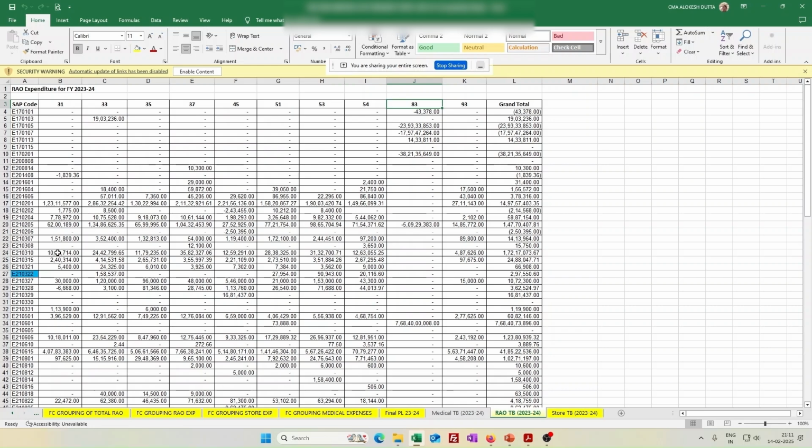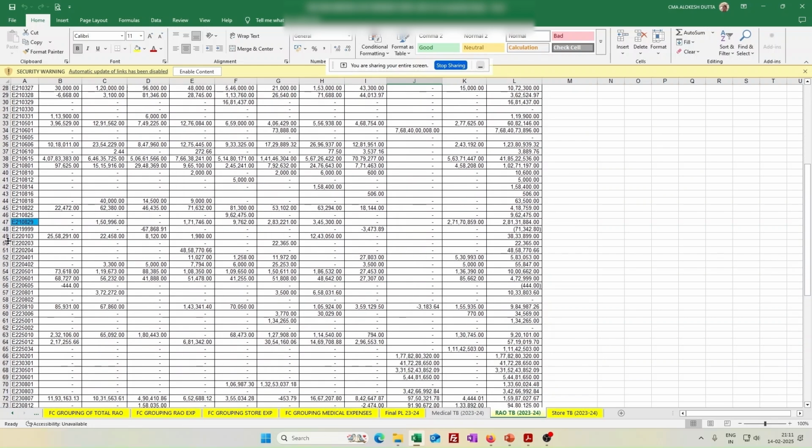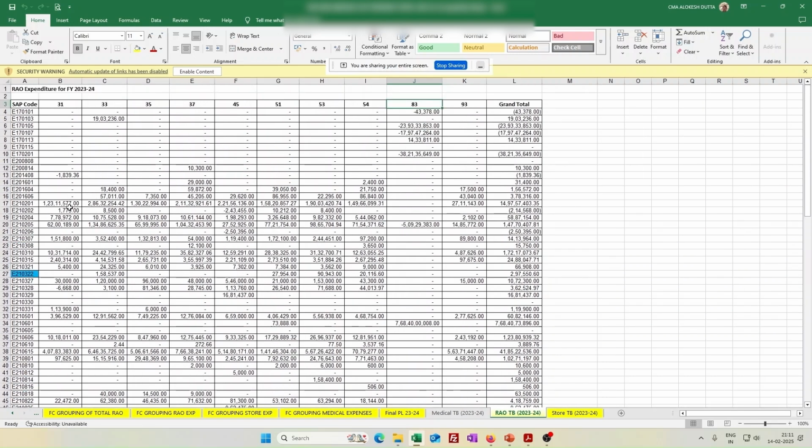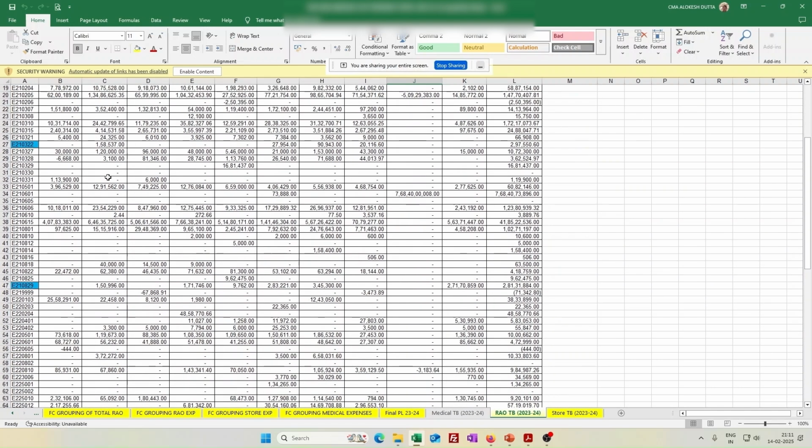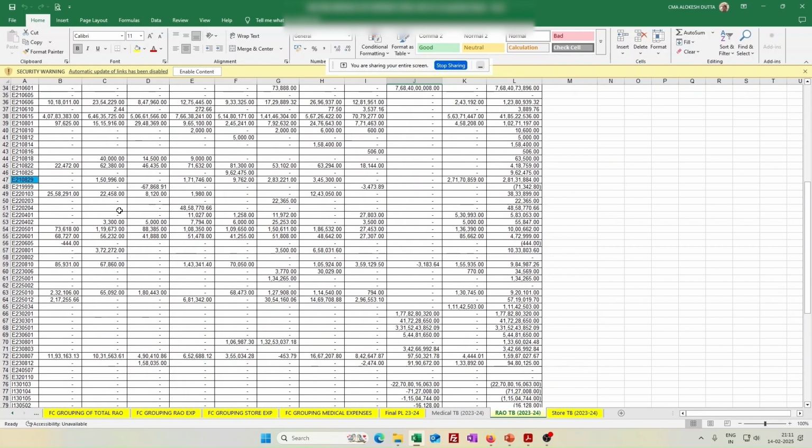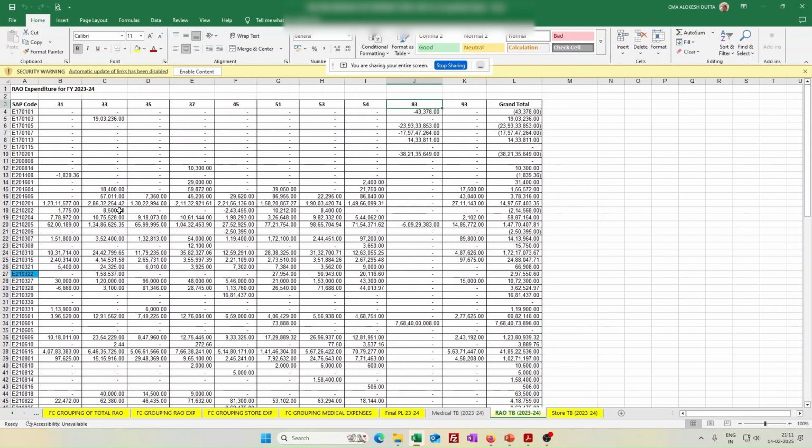For this RAO, these are the costs in different financial codes. In 33, these are the amounts booked under different SAP codes. Like this. Now we have to regroup as per our average cost statement group, that is B2.